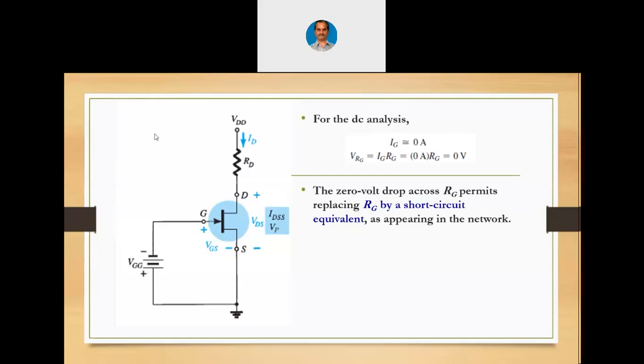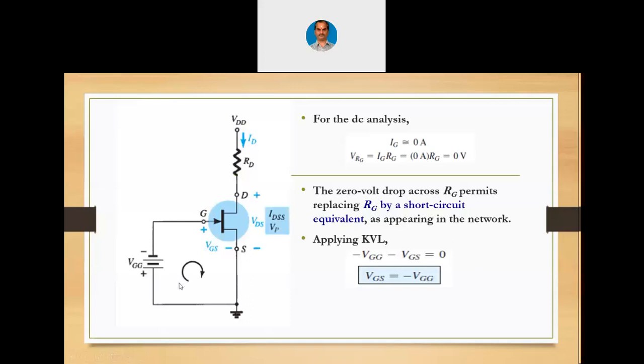Now this is the DC equivalent circuit for the fixed bias configuration. Just by looking at this, we can directly write some expressions. VGS equals minus VGG. Applying KVL at the input side: minus VGG minus VGS equals 0.